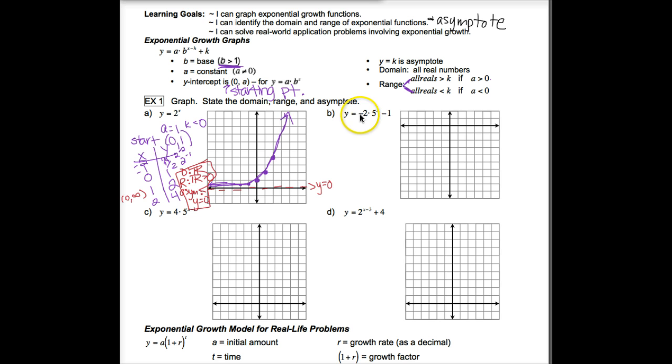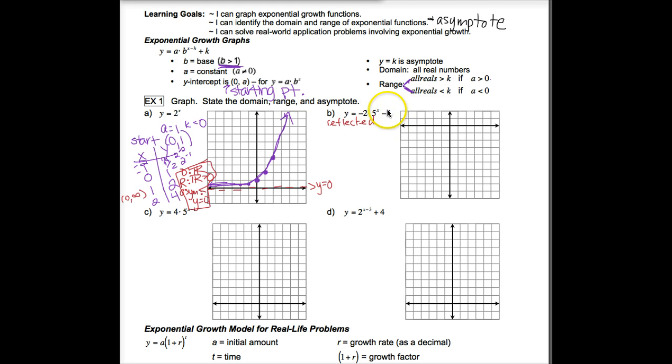So my a here being negative means that it's going to be reflected. My base here is 5 instead of 2, which is going to change my starting area and how quickly it increases or decreases. So that's just a different parent graph.